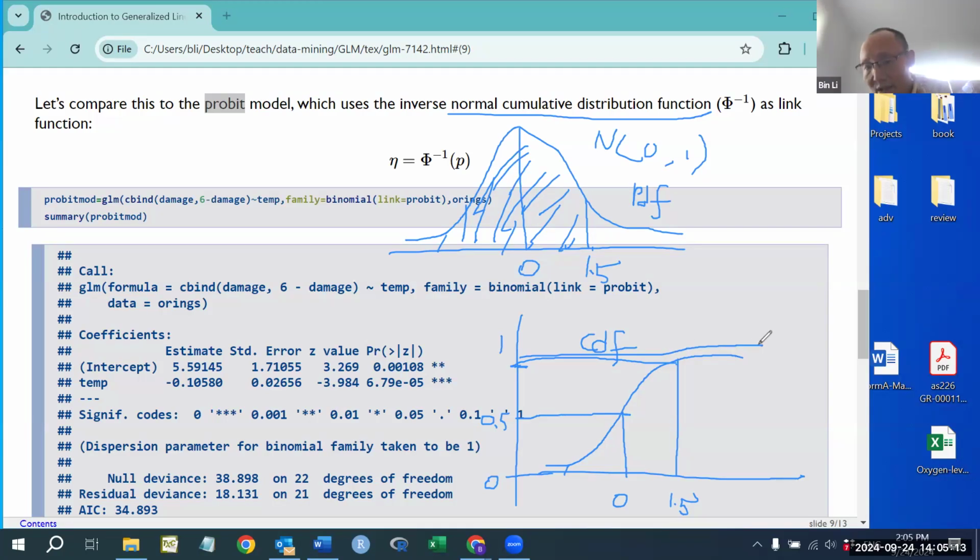It will converge to 1, because the total area under the PDF goes to 1. That's the link function for the probit model, the inverse of the normal cumulative distribution function.